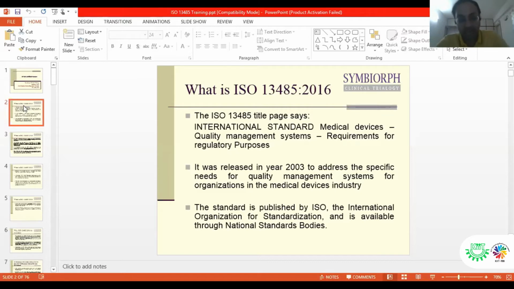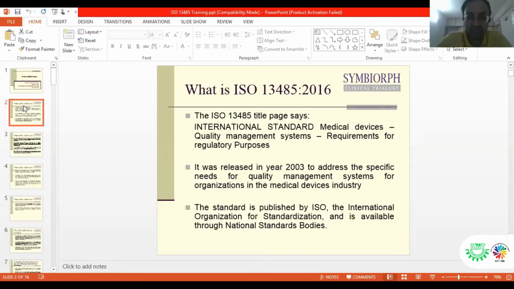So ISO 13485 is a quality management system requirement for all medical device manufacturers, whether a contract manufacturer, a startup company, or a larger organization. Implementation of 13485 in their system is one of the mandatory requirements.